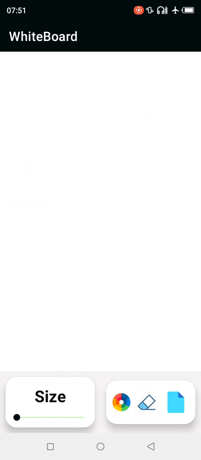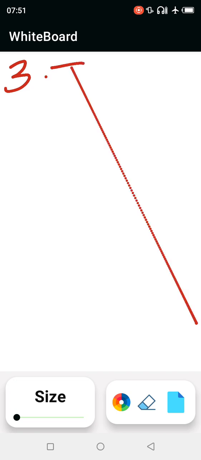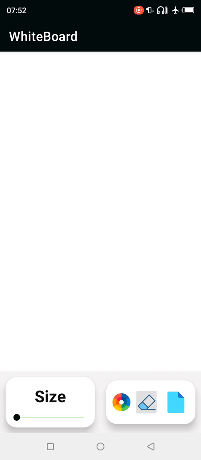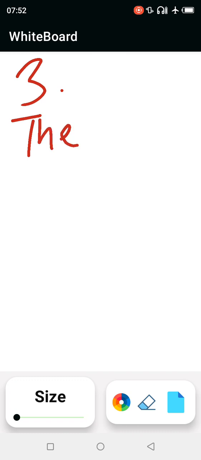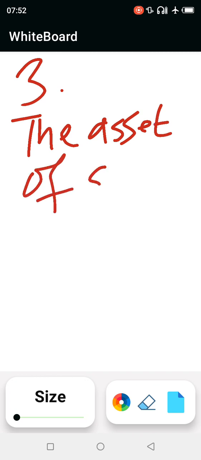And then content number 3 is going to be the asset of stock.